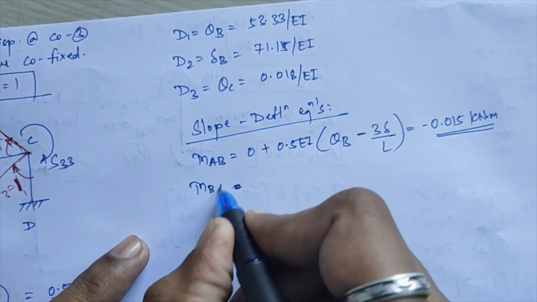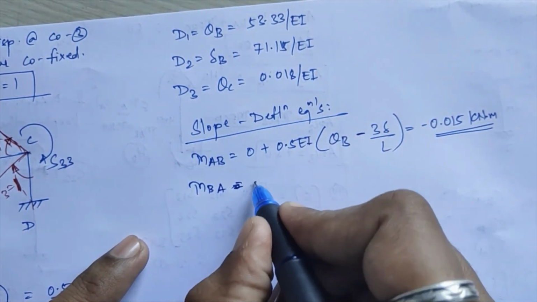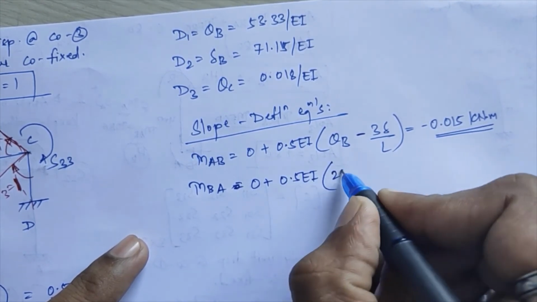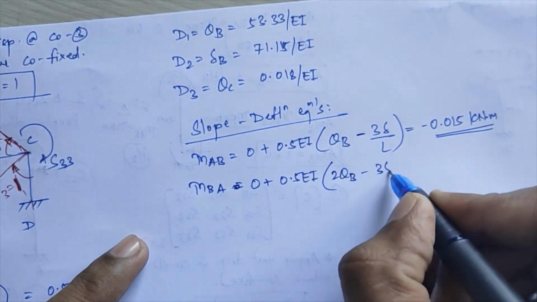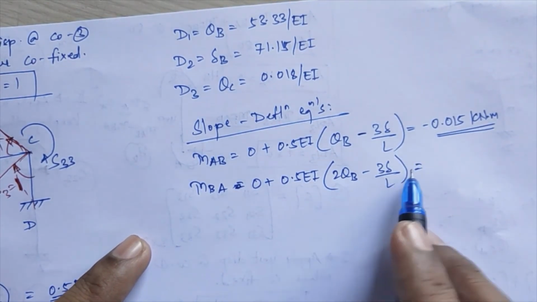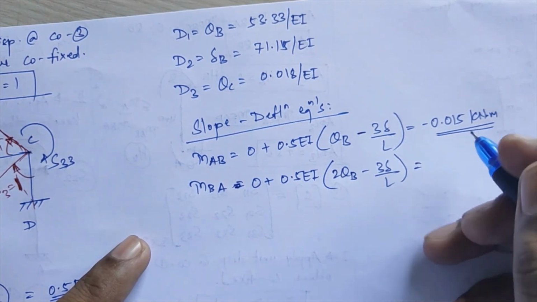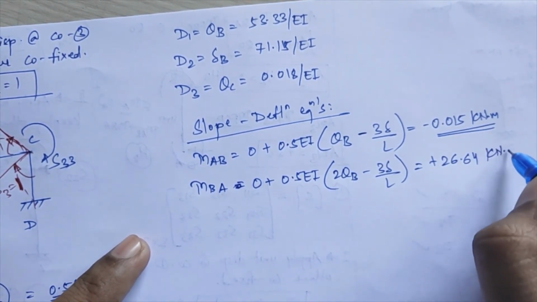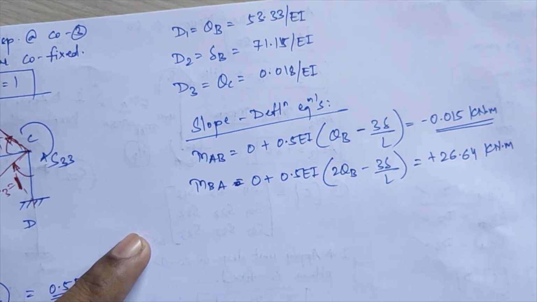Next, MBA. For MBA, MFBA again 0 plus 0.5 EI, this I will get as 2 theta B minus 3 delta upon L. So again, if you substitute the L, theta B and delta values, I am getting plus 26.64 kilonewton meter.